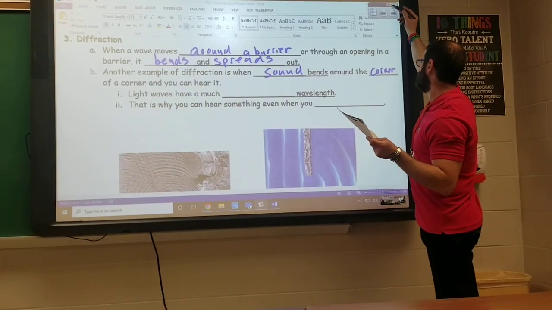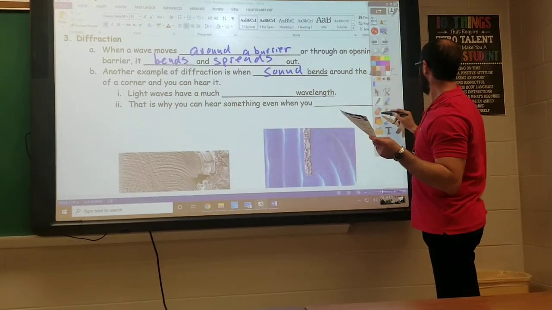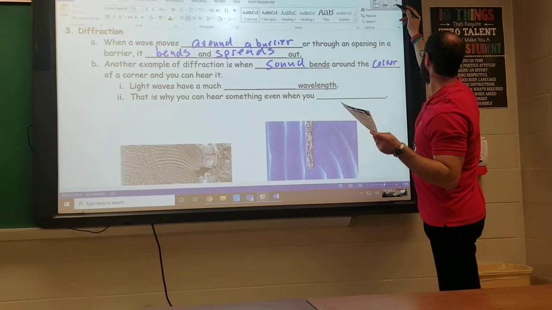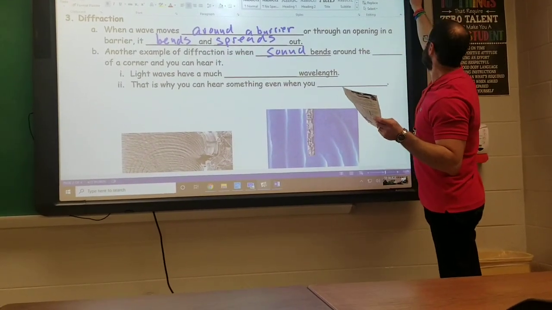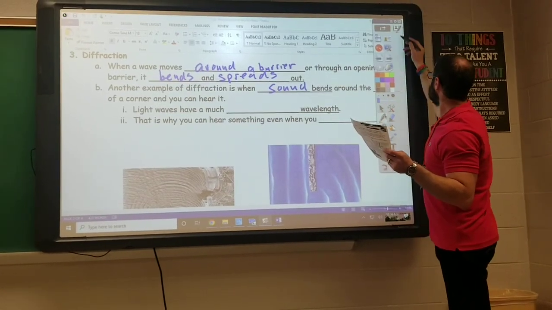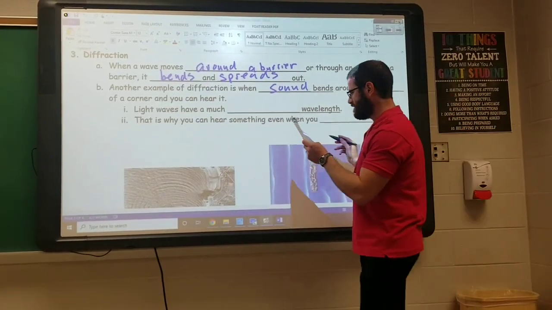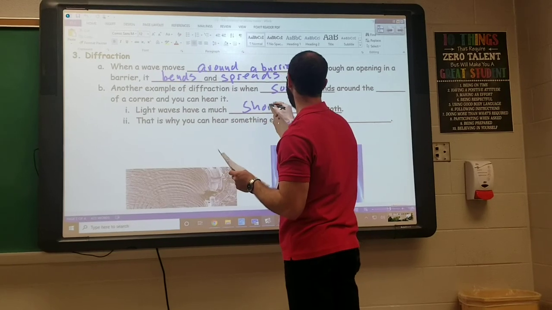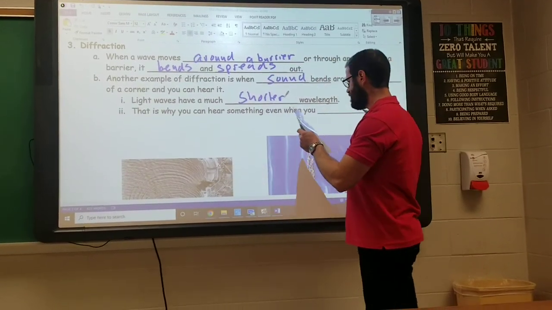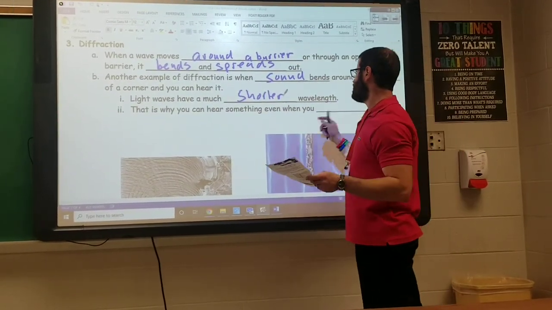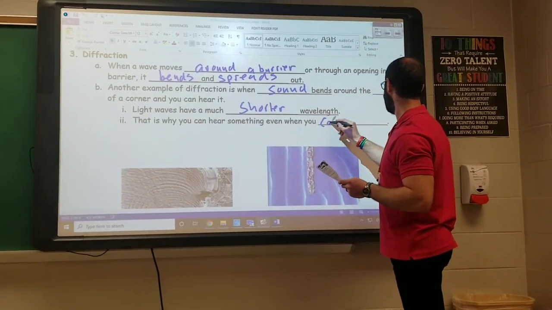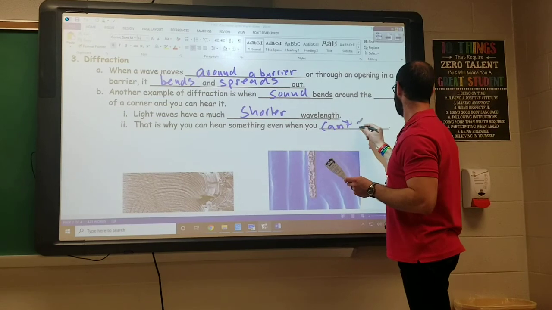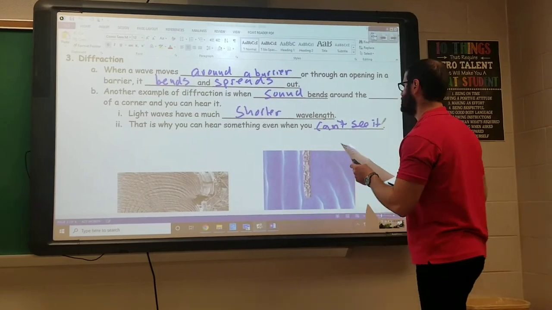So sound actually can bend around a corner, and light waves actually have a much shorter wavelength. So that's why we can actually hear something even when we can't see it.